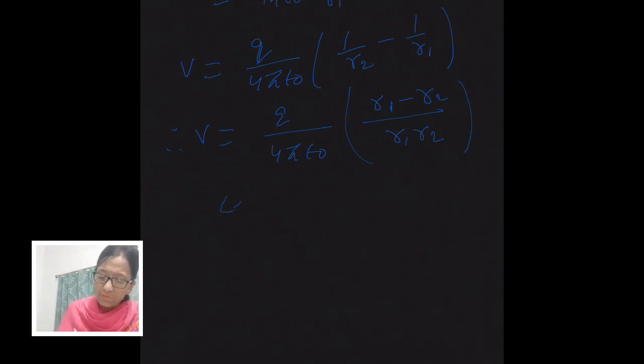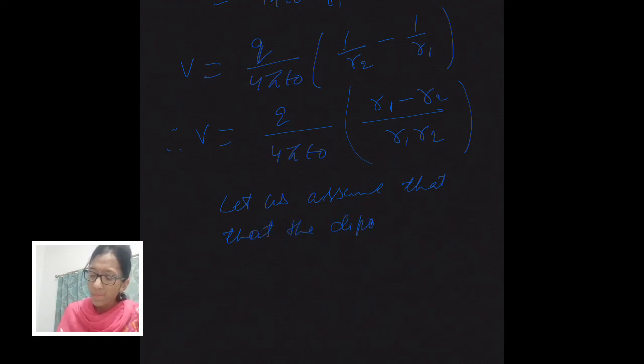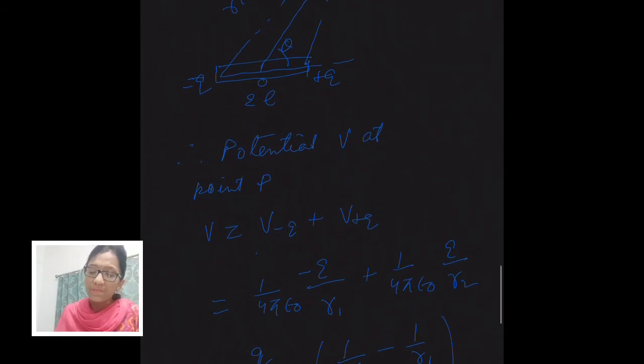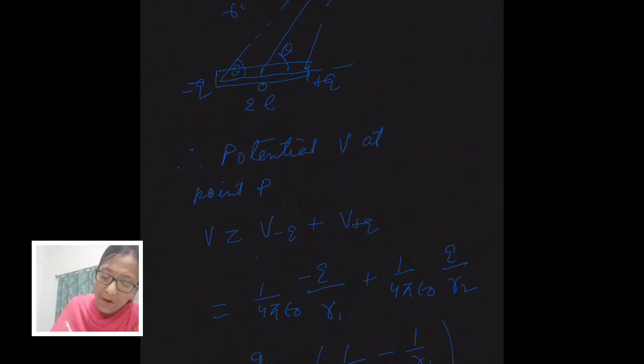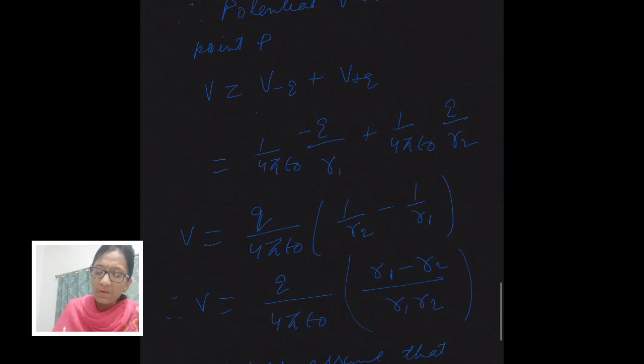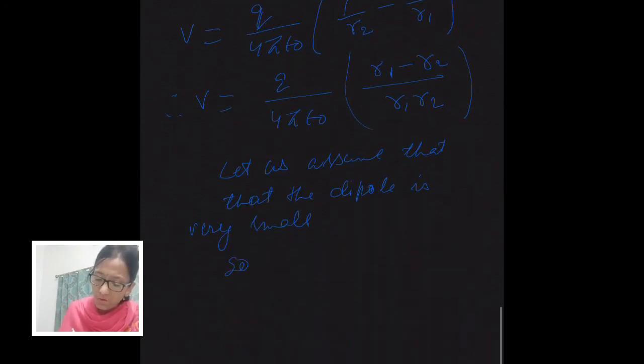Let us assume that the dipole is very small, so that this angle theta 1 is nearly equal to theta only.